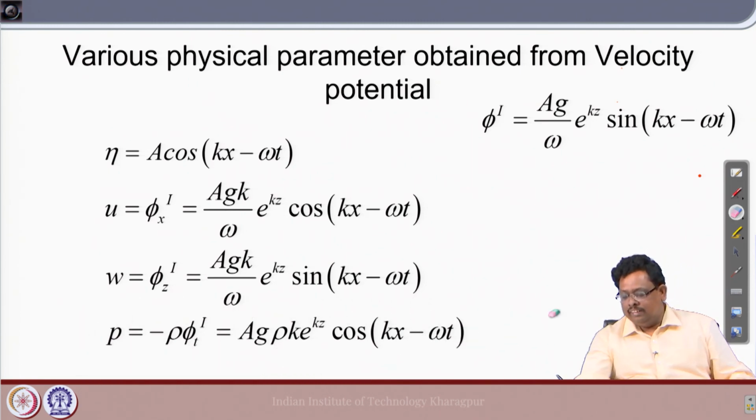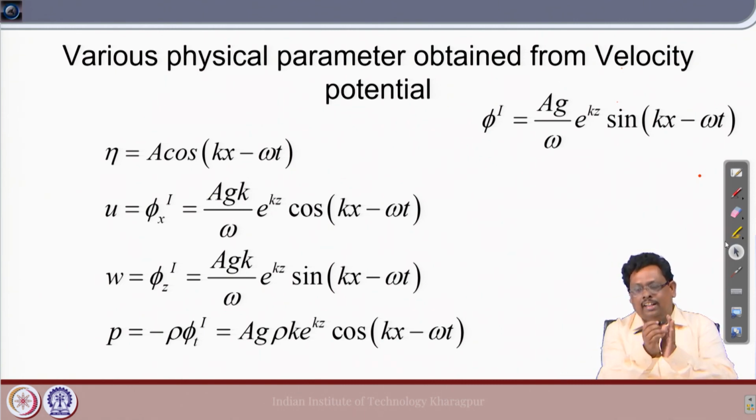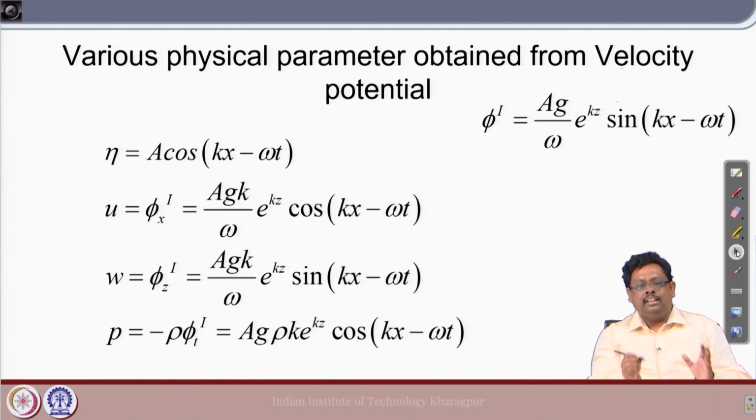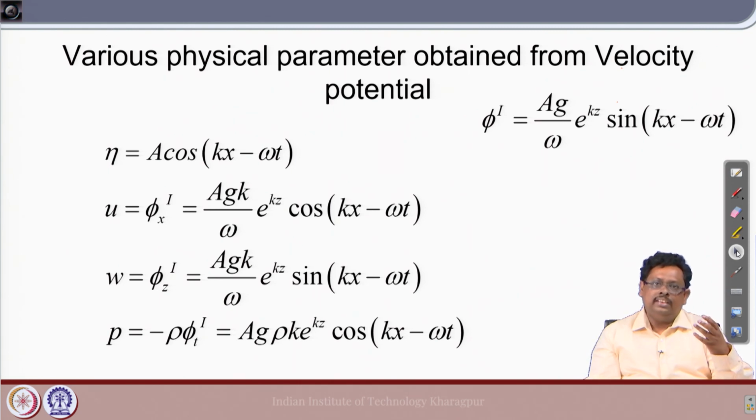So, we understand that now I have the expression for phi I, and I can get the pressure over the body so easily, because it is an analytical expression, and if I integrate this pressure I get a force which is basically the Froude-Krylov force.